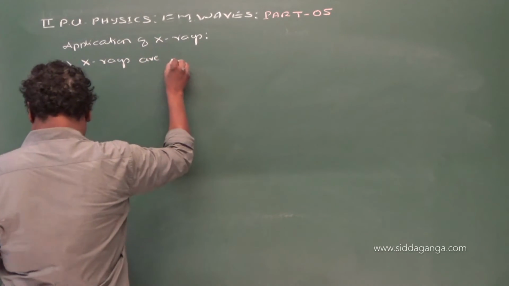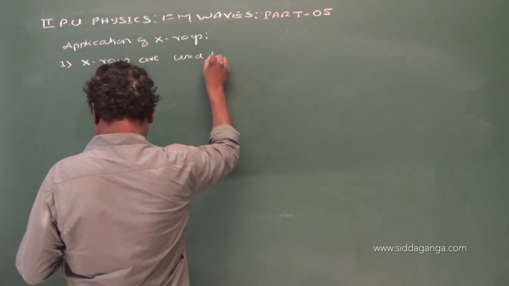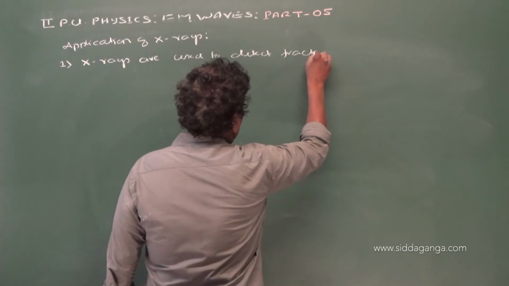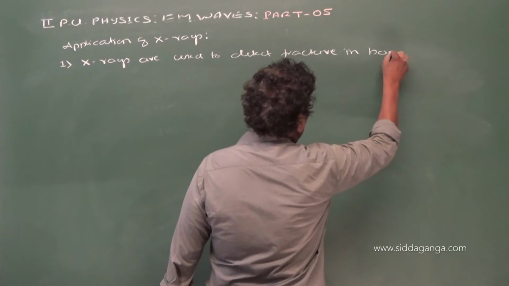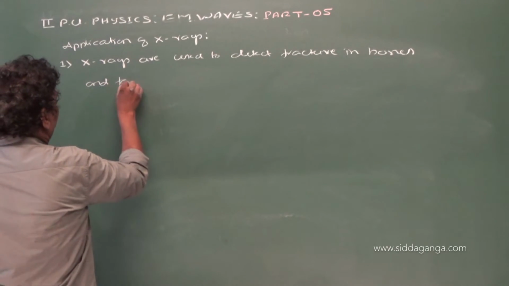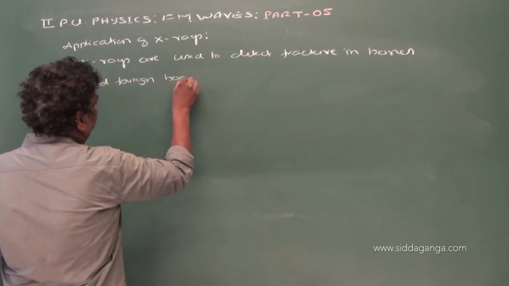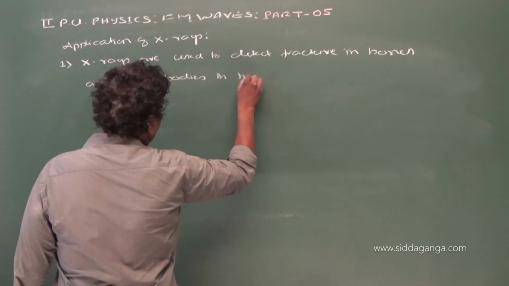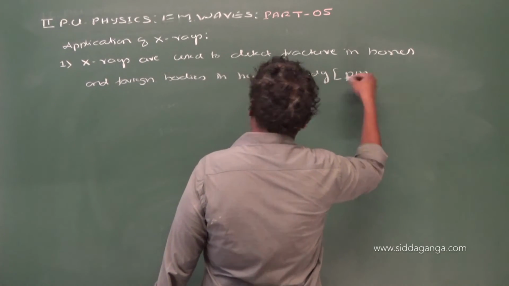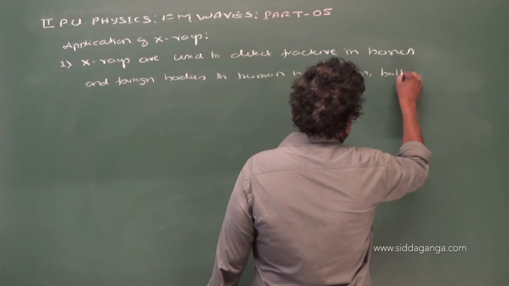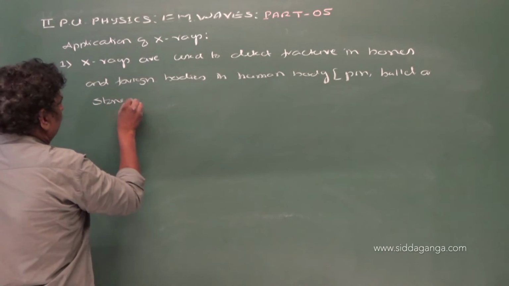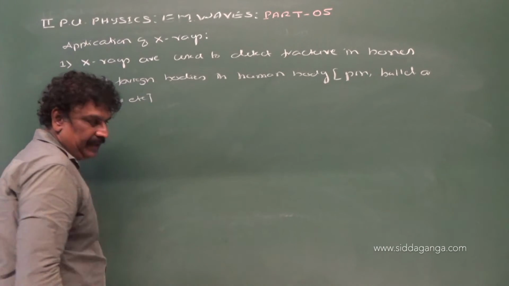X-rays are used to detect fracture in bones and foreign bodies in human body like pin, bullet or stone, etc. Right? X-rays are used.